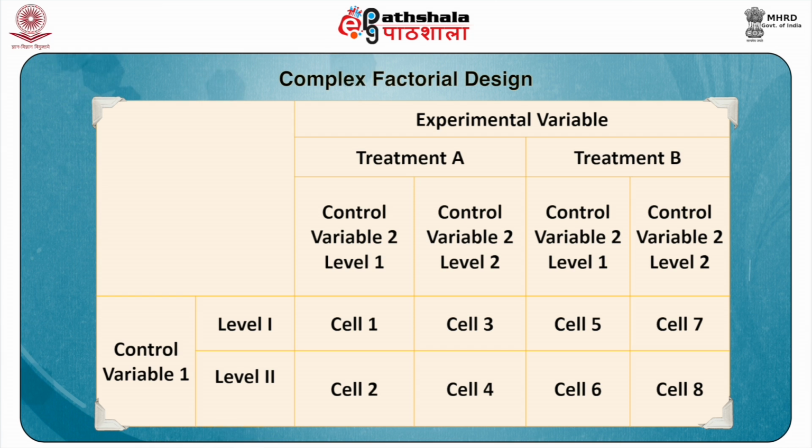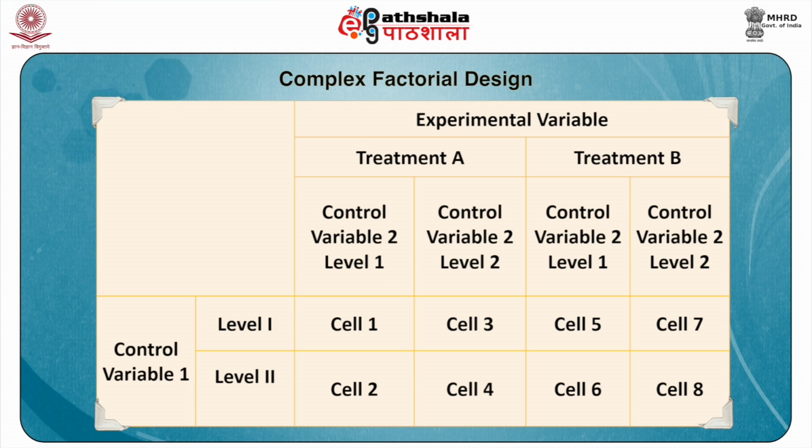With the help of this design, one can determine the main effects of 3 variables, that is 1 experimental and 2 control variables. The interactions between each possible pair of variables are called the first order interactions and the variables taken in triplets are called second order interactions.